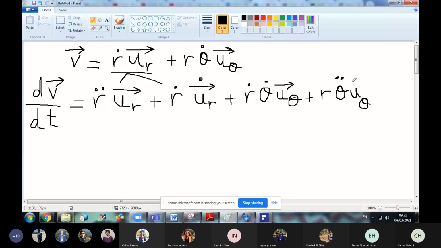So the final term is plus r theta dot times u theta dot. Okay, now we found the total derivative.